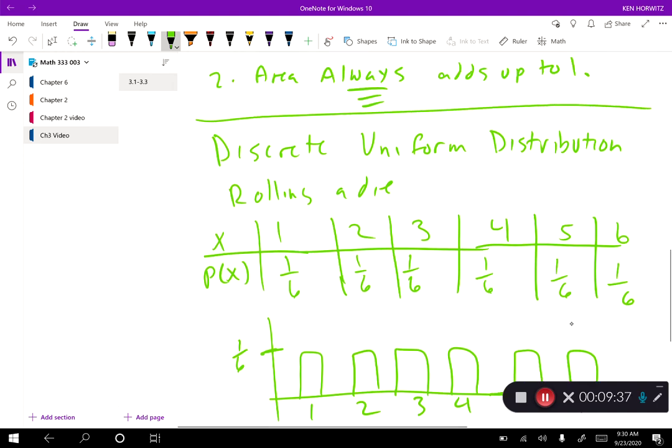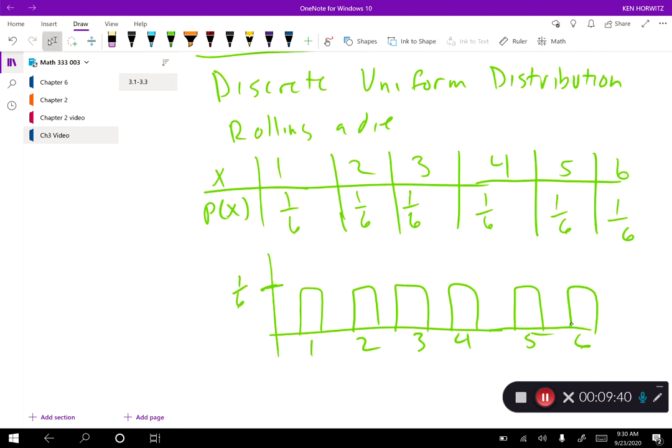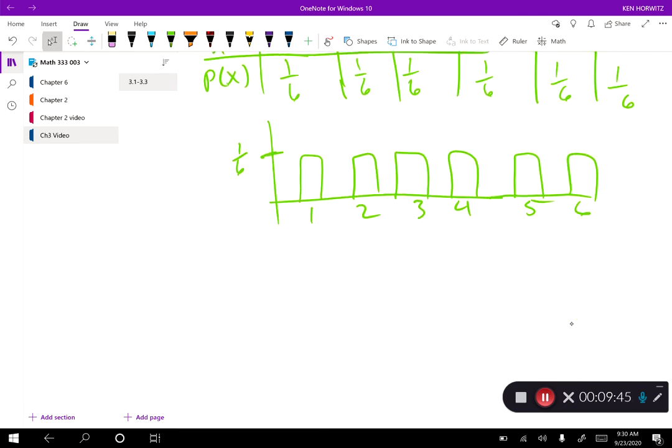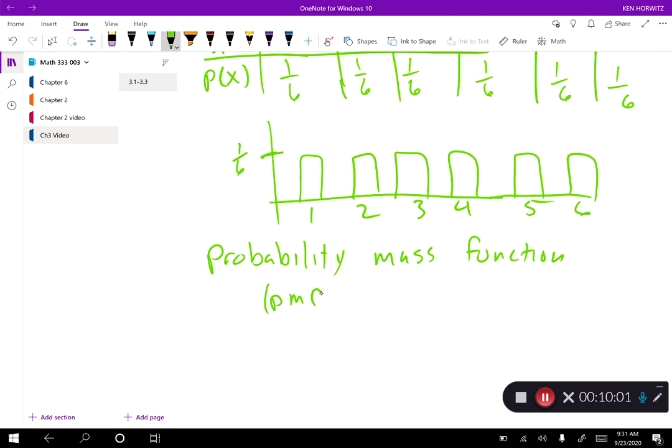Another word for this particular type of probability distribution is probability mass function. Again, most people use probability distribution, but on the off chance that they say probability mass function, you should know what they mean.